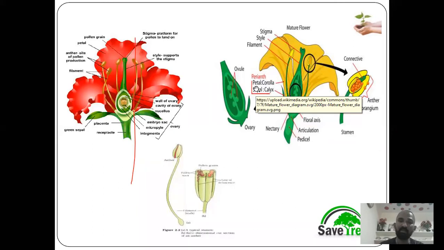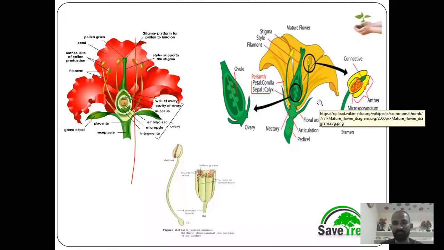So the flower is mainly divided into four whorls: calyx, corolla, androecium, and gynoecium. The gynoecium consists of three parts: the basal swollen part, the ovary, the long tube-like style, and the capitate head, which is the stigma.